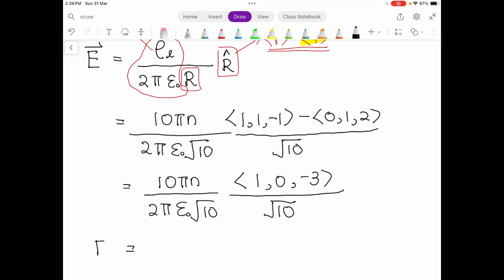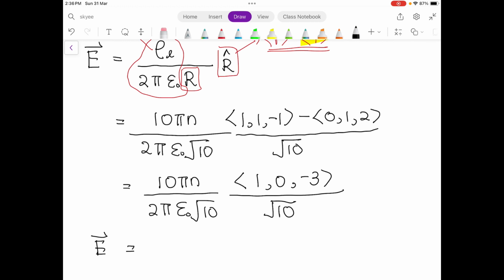So you can start calculating this. Let's calculate 10 pi times 10 to the negative 9, and going down you have the 2 pi constant, then multiply with the 10.